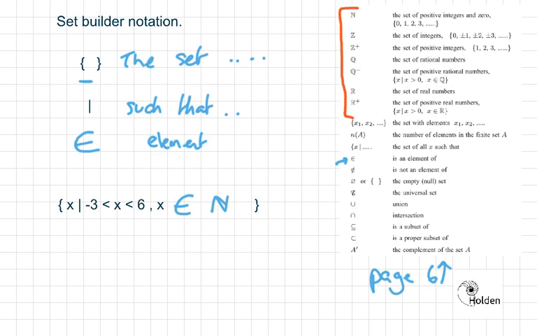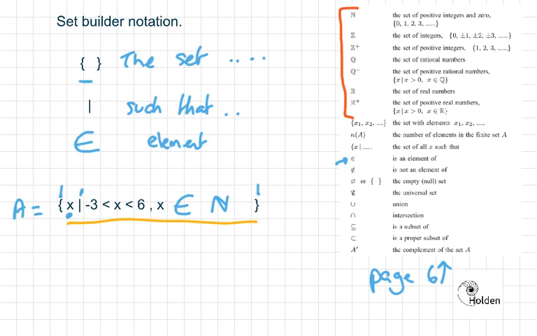Okay, so if I'm translating this into English, I'm looking at the set of numbers. Let's call it A. So A is the set of values x, such that x is greater than -3 and x is less than 6, and x belongs to the natural numbers.